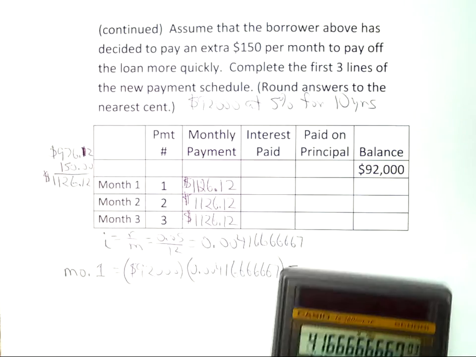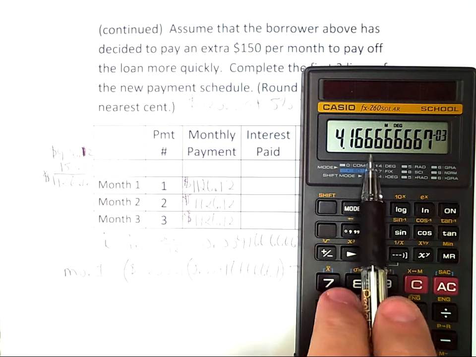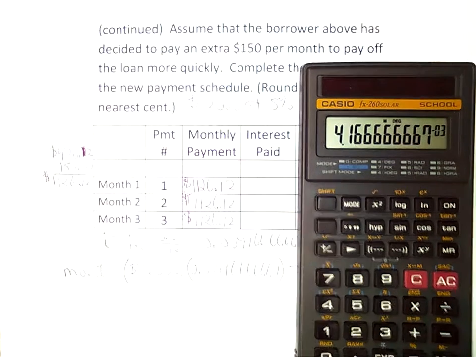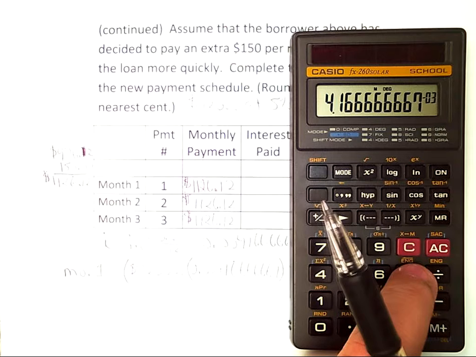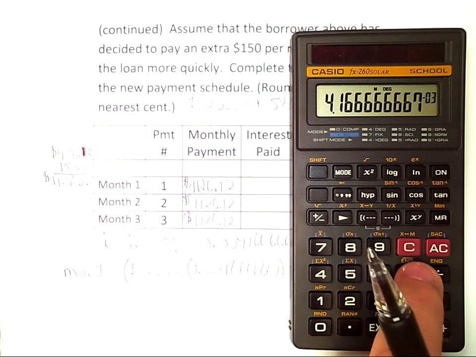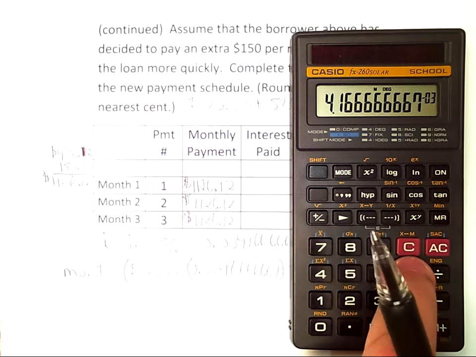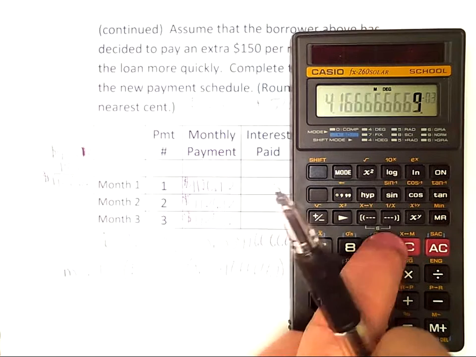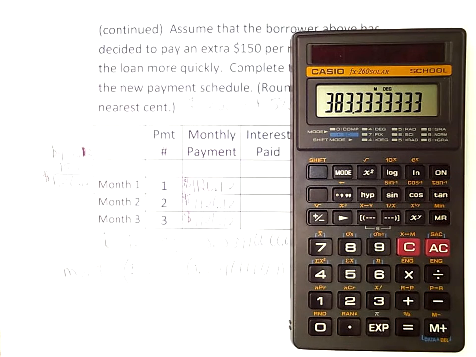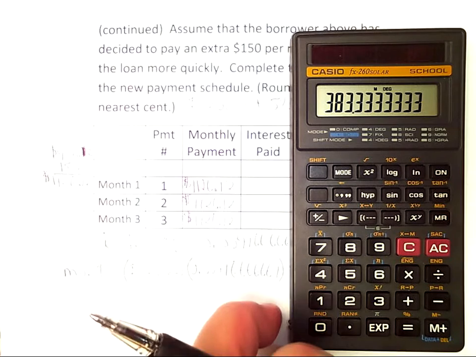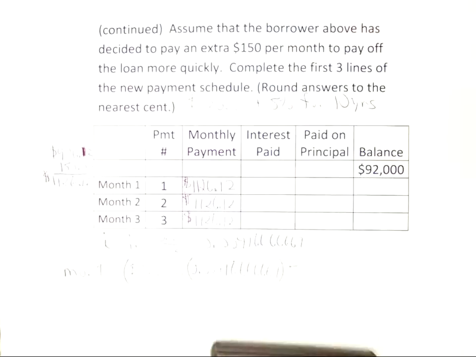Now again, I'm not going to rely on that rounding, however many I took. I'm going to use the number that I have in the display right now. So if I take that number in the display and times it by 92,000, then I get the interest paid. So the interest paid is $383.33.